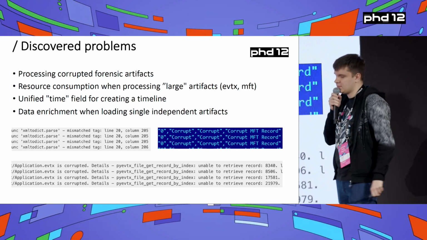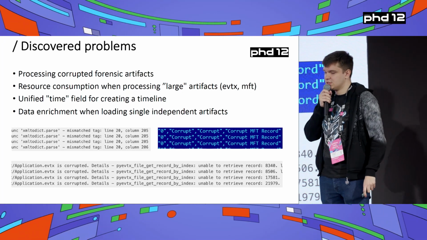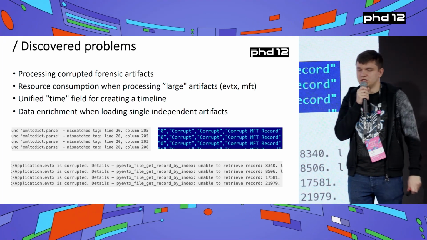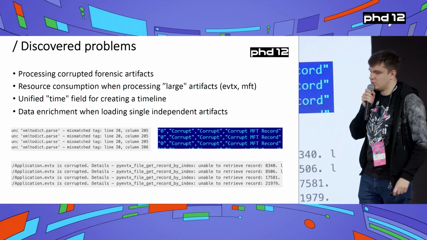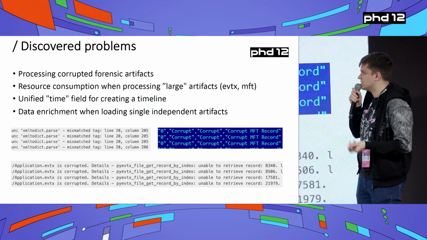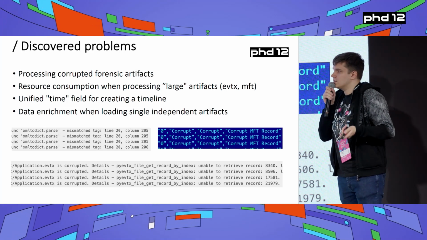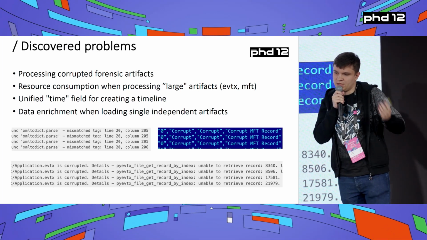Let's speak about the problems we ran into. First of all, this is about processing corrupted forensic artifacts. Not all the artifacts actually are intact when we get them, and they may be corrupted from the very outset. And the question is open, what to do with corrupted artifacts.